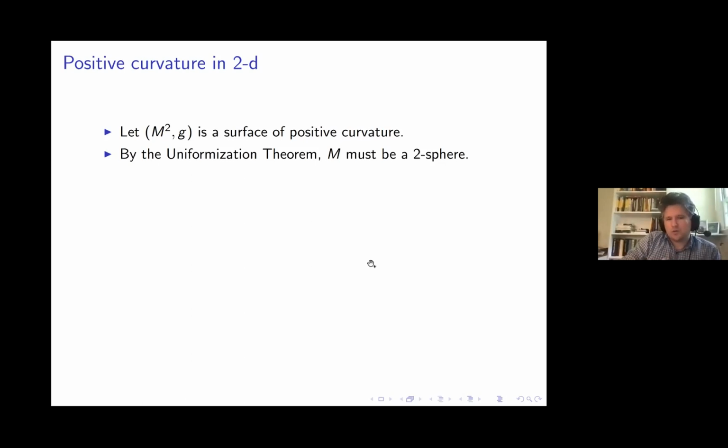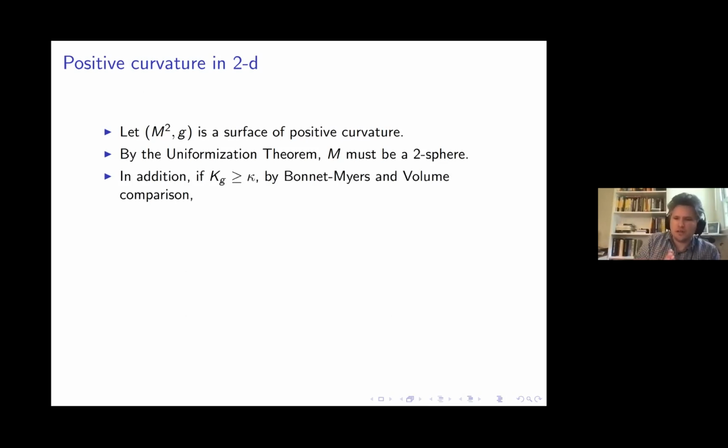But you can also infer from that a little more. So for example, if you want to quantify things a little, instead of just saying that it has positive curvature, if you say that the curvature is at least some positive number kappa, then you can actually say a few more things of a geometric nature. So for instance, you can estimate the diameter from above and also the area of the surface from above.